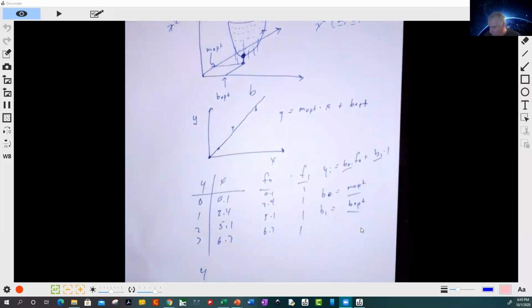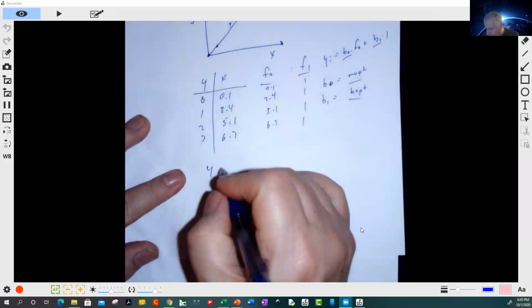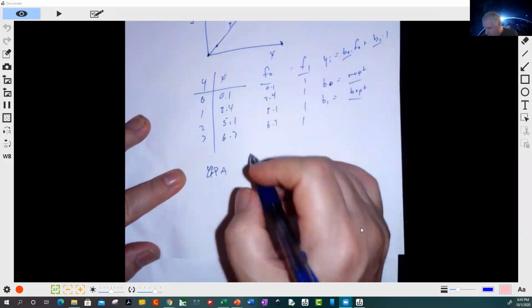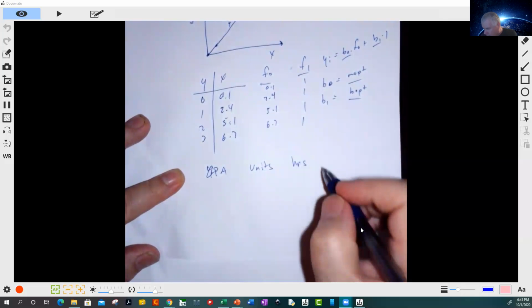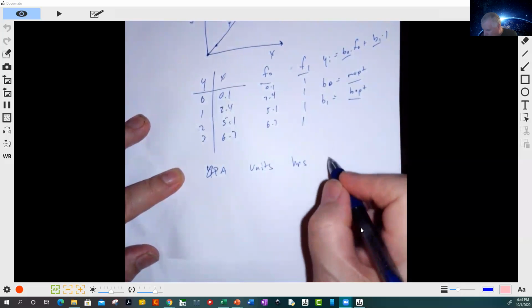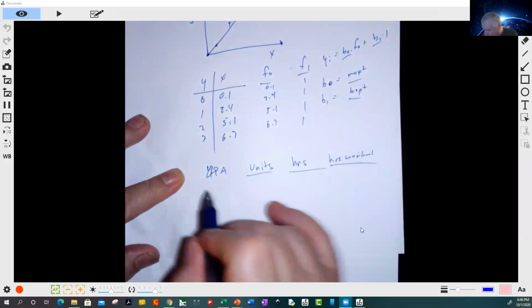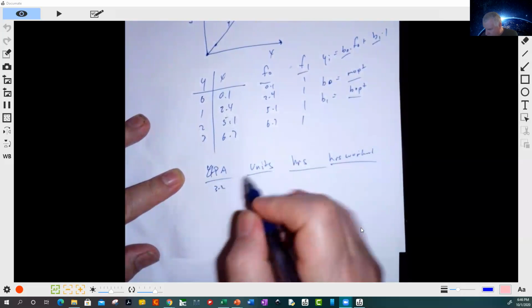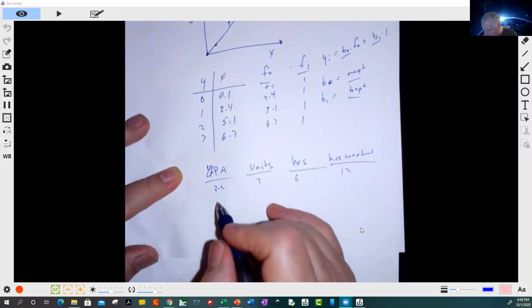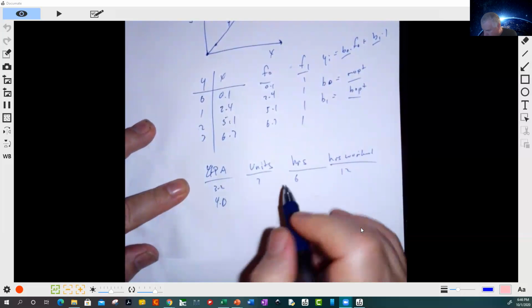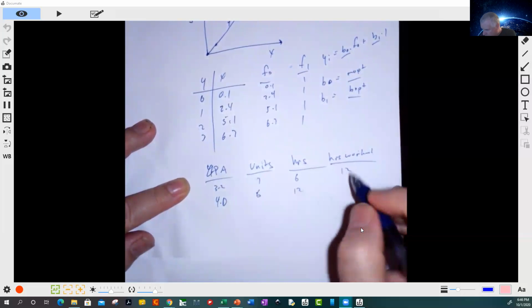So, now, when I was saying earlier about this whole mess where we get a bunch of GPAs, and we get units and then hours studied and then hours worked, what we can do is get a bunch of data: 3.2, 7, 6, 12, and then 4.0, and then 6 units, 12 hours studying, 0 hours working.